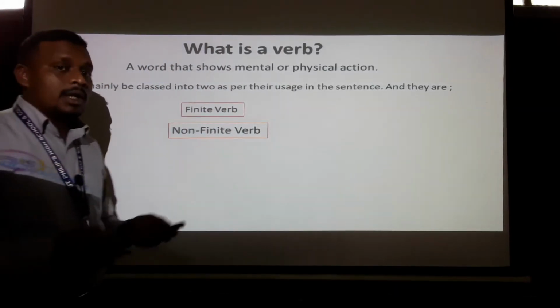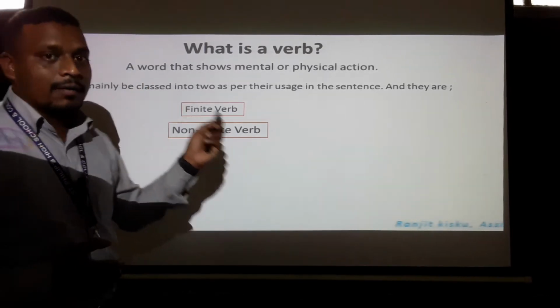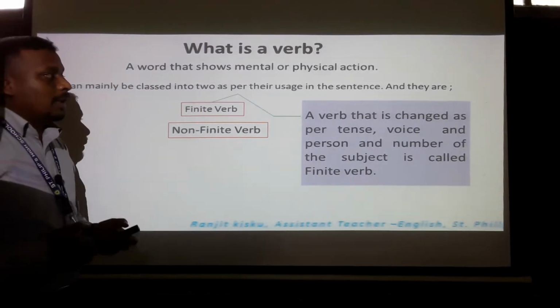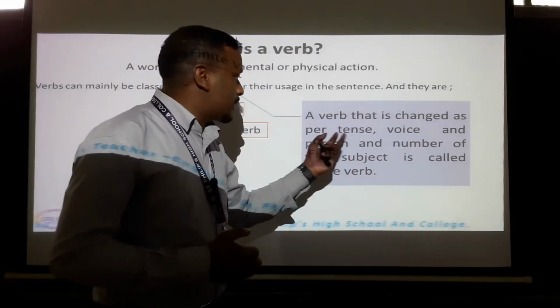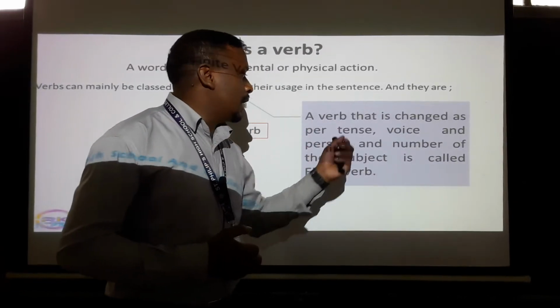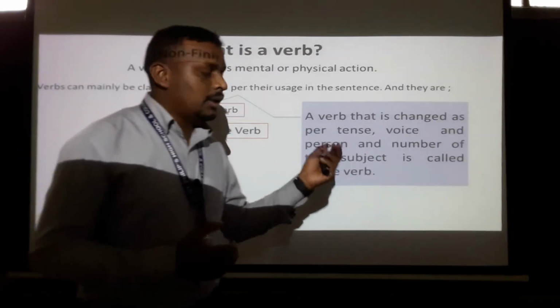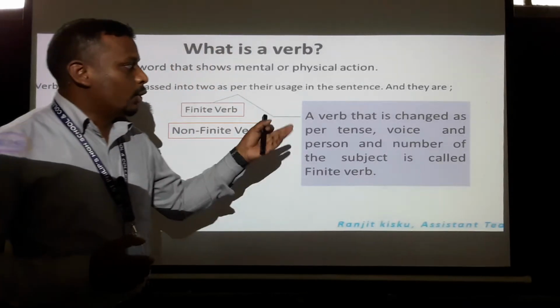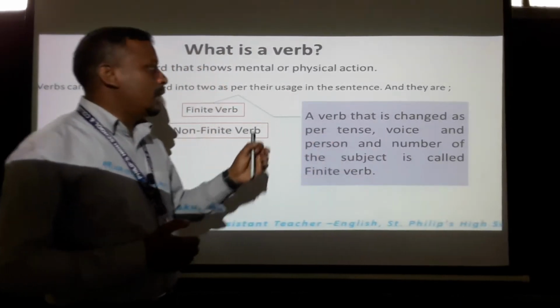Let's see what a finite verb actually is. A verb that is changed as per tense, voice, person and number of the subject is called a finite verb. So you note the definition of finite verb.